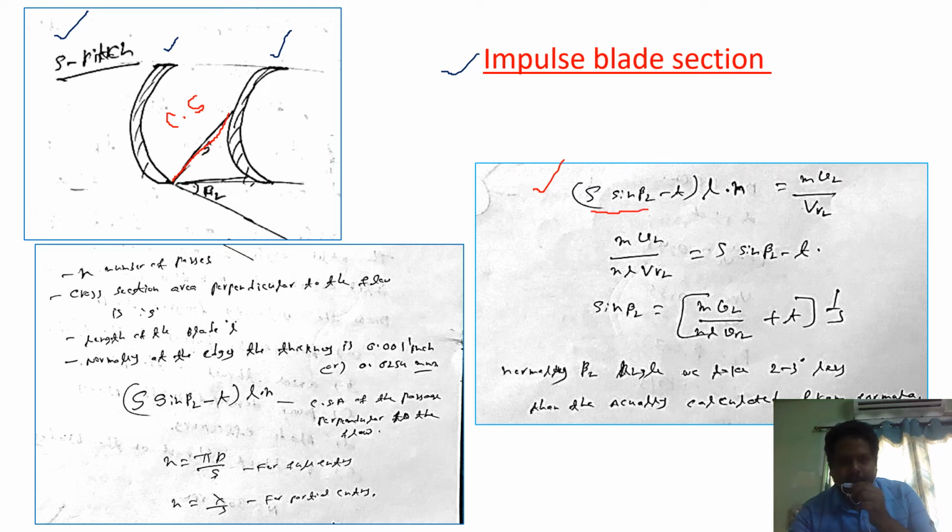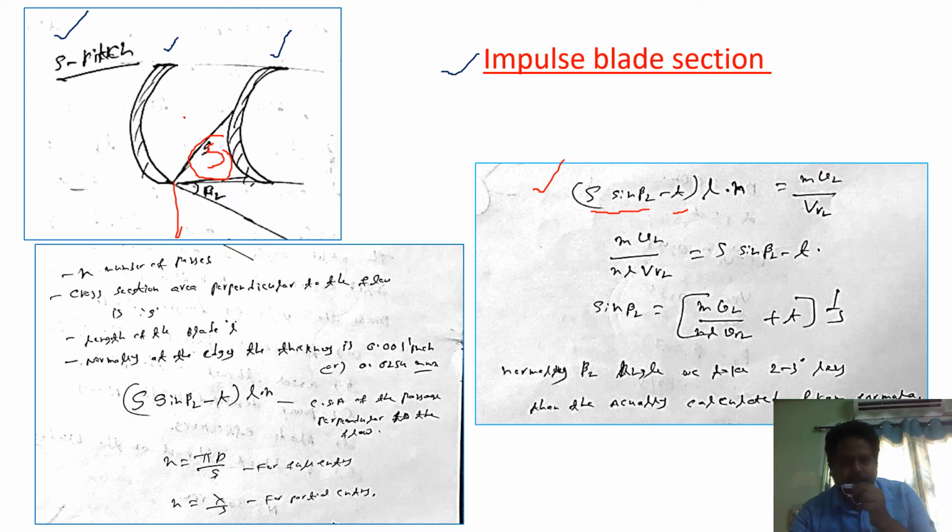So here we can see S sin beta 2. S is the pitch, so from here we can write it as S sin beta 2 minus T. T is the thickness of the edge.